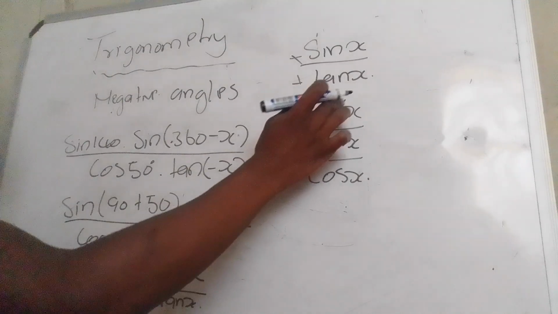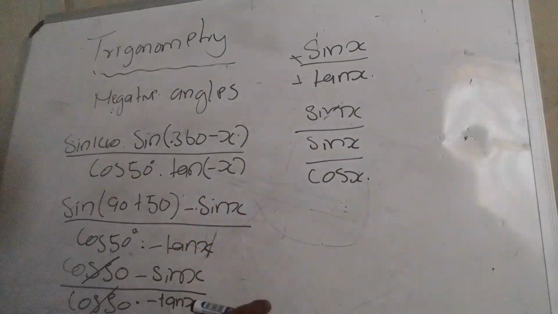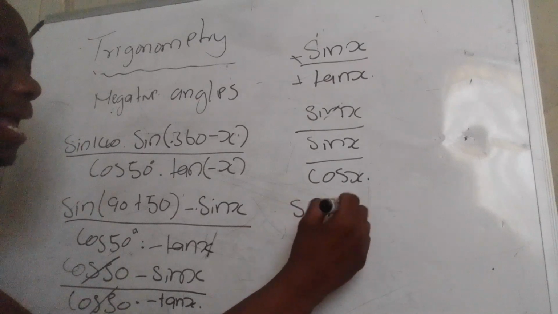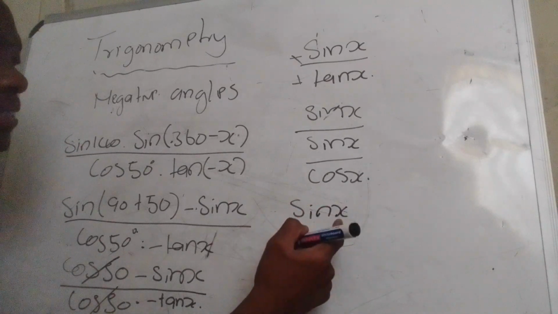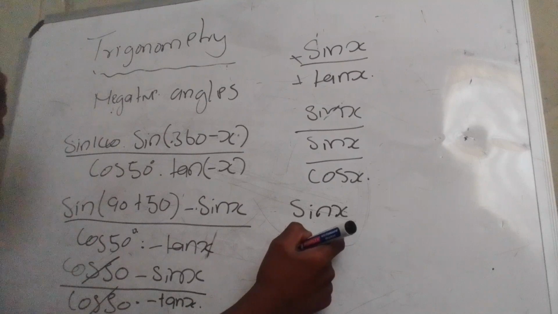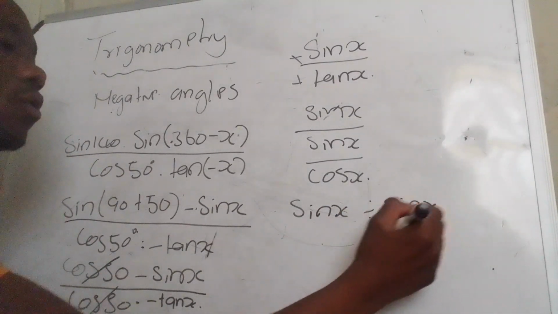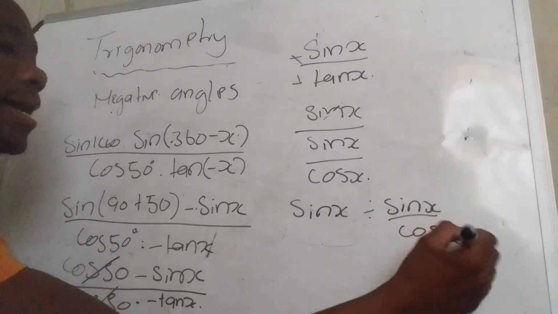Let us avoid working with fractions. We're going to have sine x divided by sine x over cos x.